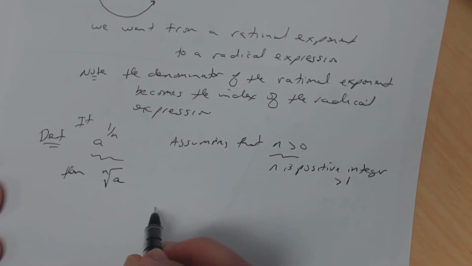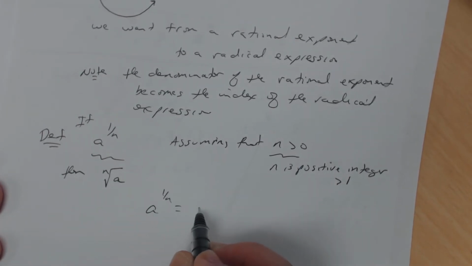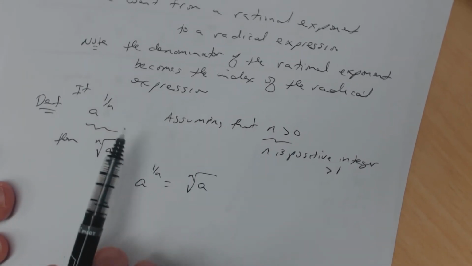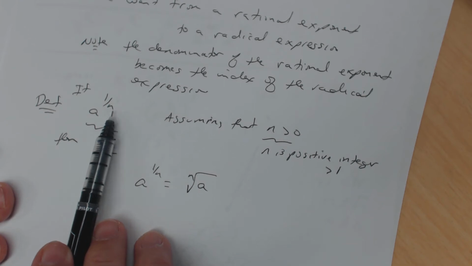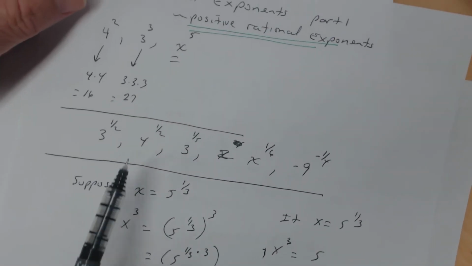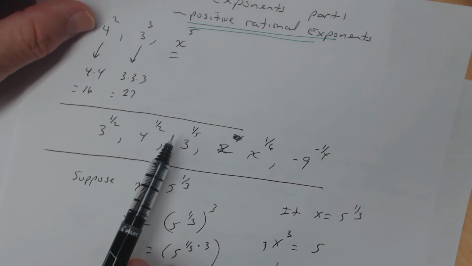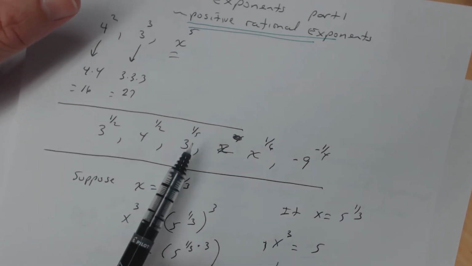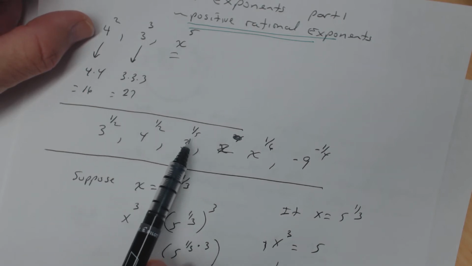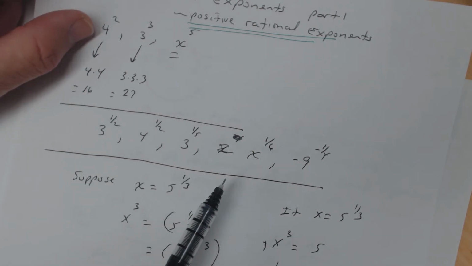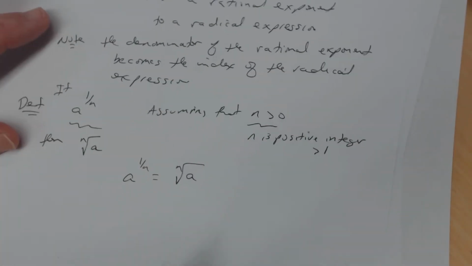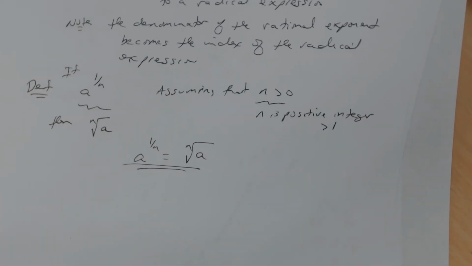So basically a to the 1 over n equals the nth root of a. Remember, we're looking at 1/2, 1/3, 1/4, 1/5, 1/6, so it's assuming the denominator of the rational exponent is a positive integer greater than 1.